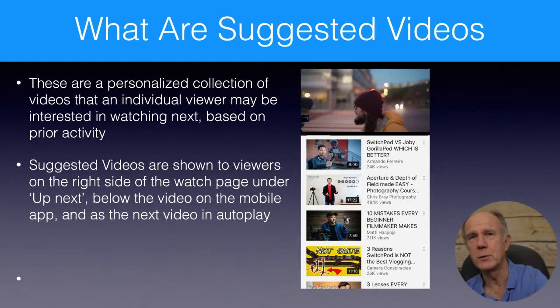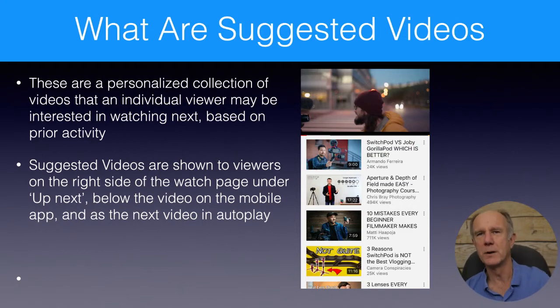These are shown to viewers on the right side of the watch page. And then in the up next, after a video is finished, the next video that comes up is a recommended or suggested video.